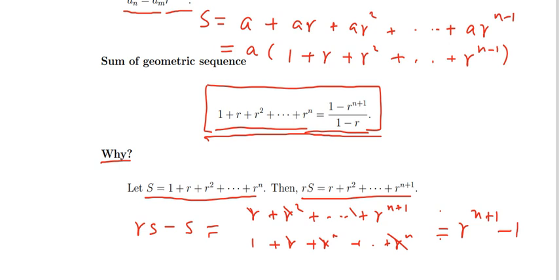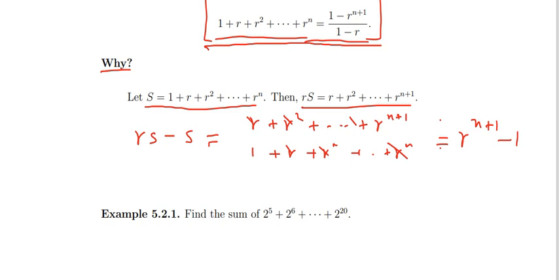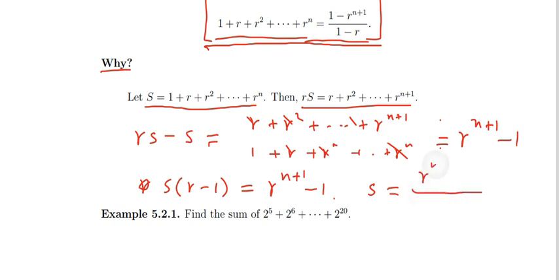We take S outside: S(R minus 1) equals R^(n+1) minus 1. So we have this formula: S equals (R^(n+1) minus 1) over (R minus 1).